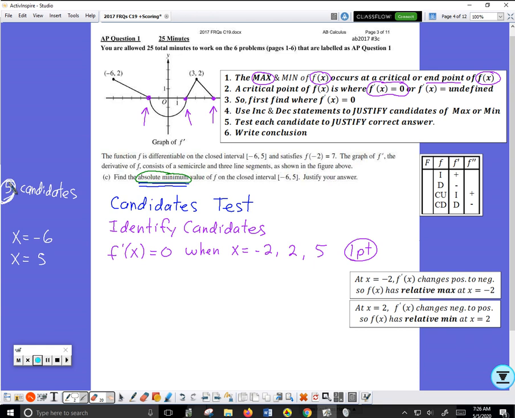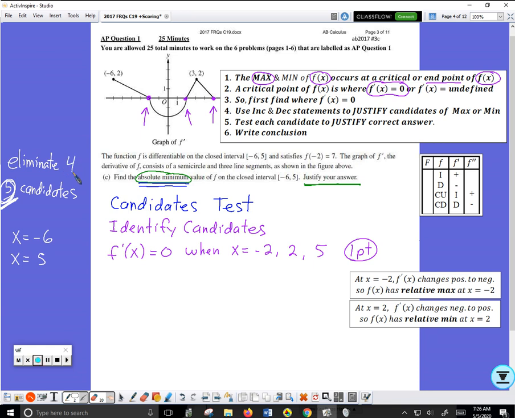If we don't eliminate all 4, we will not get the justification point that is given in this problem. So to get the justification point, we have to eliminate 4 of the 5 candidates. That's what the grader is looking for you to do.